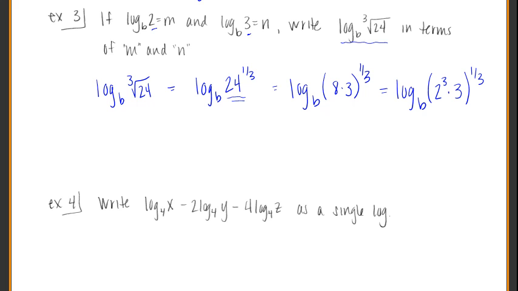So I wrote the cube root as the 1/3 power, and then wrote 24 as a product, hopefully getting to just 2s and 3s.